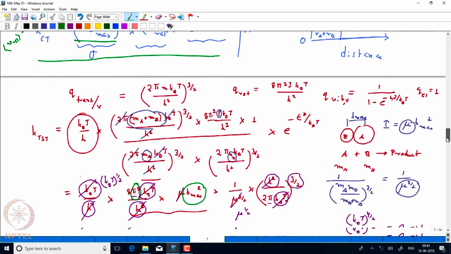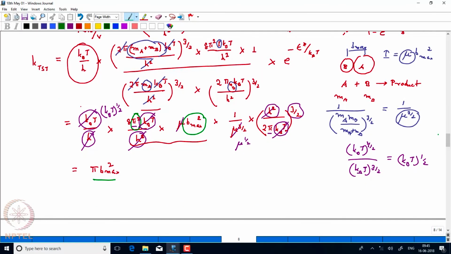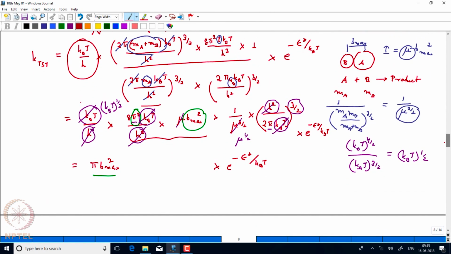Now, remember that I also have e to the power minus E star by kBT, that I'll not touch. So I'll have e to the power minus E star by kBT, and then let us have a look at what we are left with. So we are left with 1 pi here.